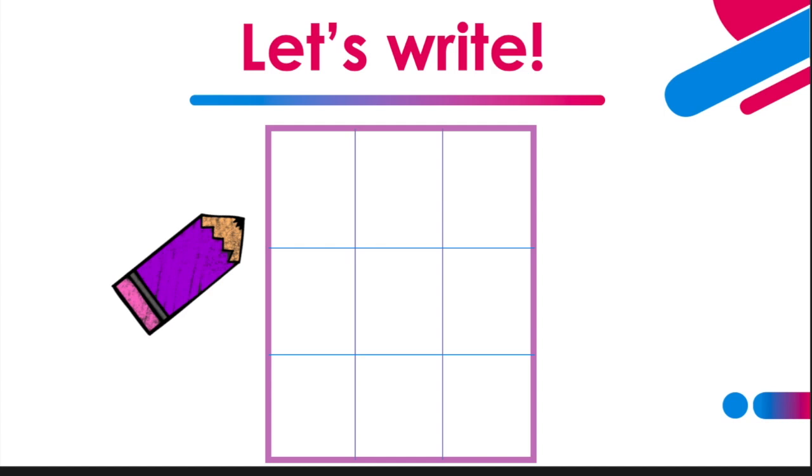Now we're going to be writing words in the boxes that we made when we folded our paper. At any point, you can press pause if you need to catch up. We're going to start first with prefixes. Re, un, and dis. Now we're going to be writing base words.